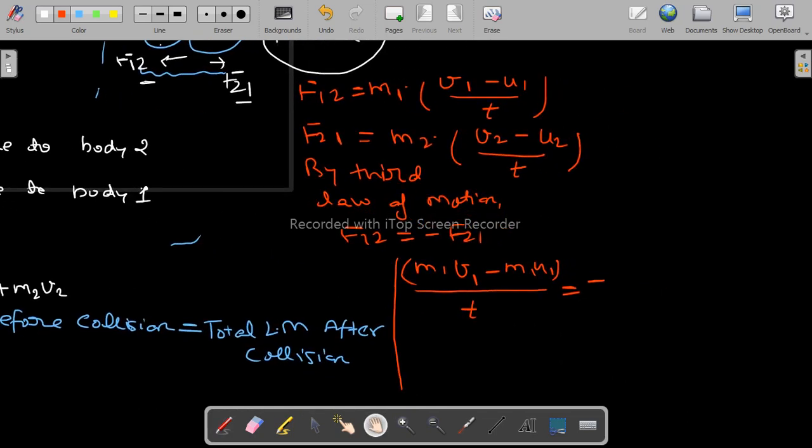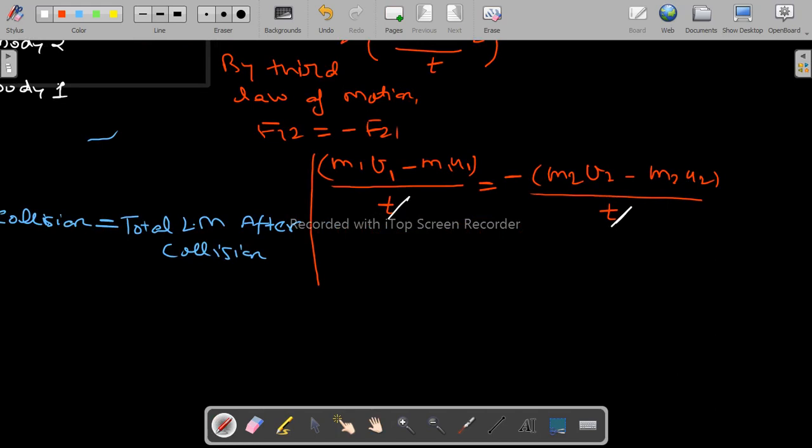Is everything visible on the screen, whatever I am writing? When you open this bracket, this is m2 v2, negative sign is outside, and this is m2 u2, divided by t. Now these two terms t and t will cancel out, right?